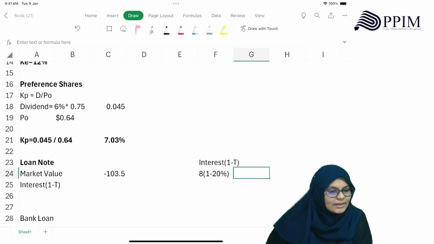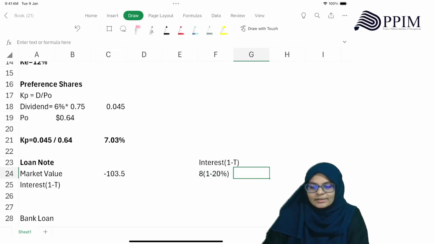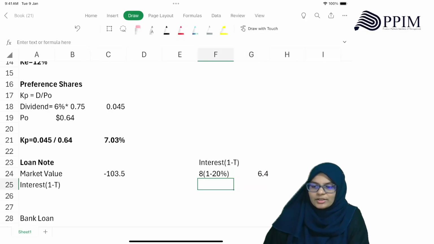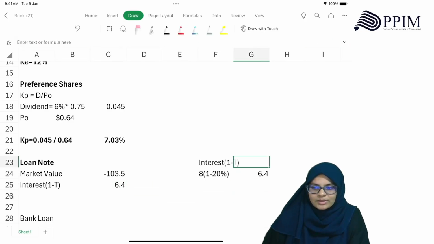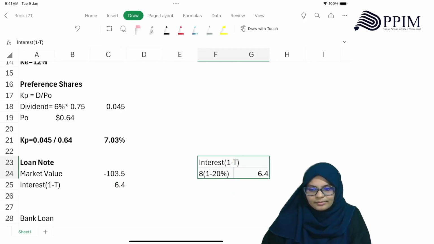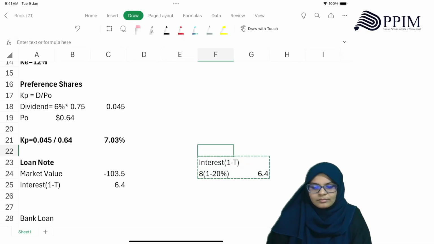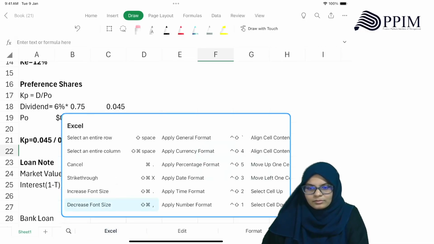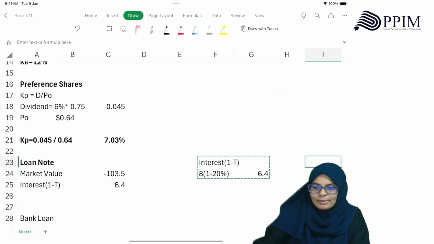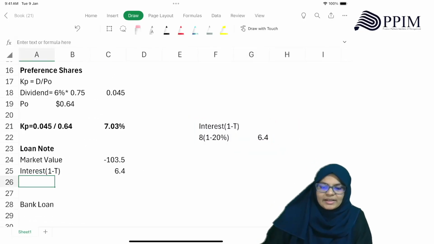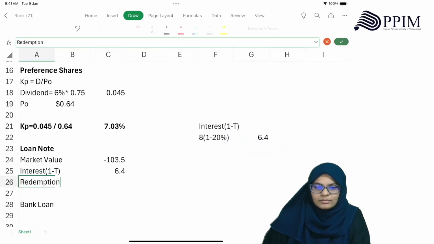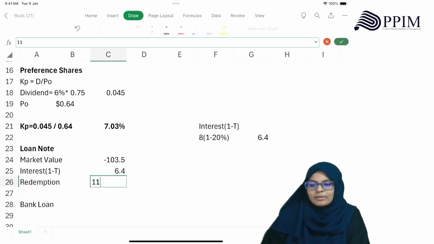Okay, so interest will be 6.4%. Sorry, $6.4, right? So that will be here. Okay, I'll just push this a little here. You don't have to show the examiner the working. I'm showing it so you don't get confused, okay? So I'll just put it on the side. And then finally, redemption. Redemption was at a 10% premium, so 110.